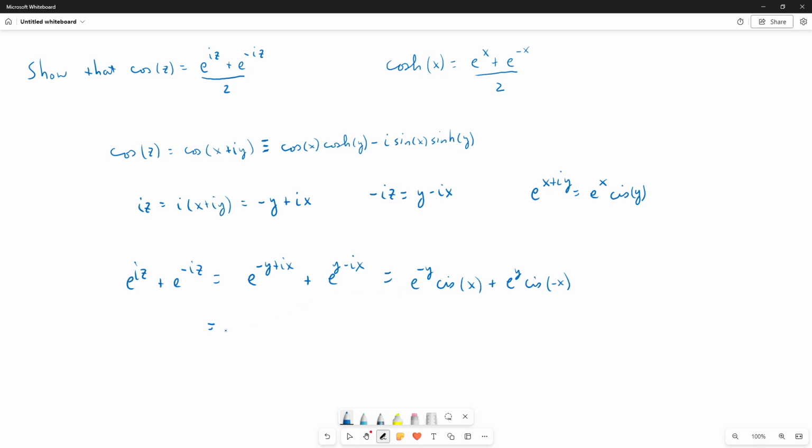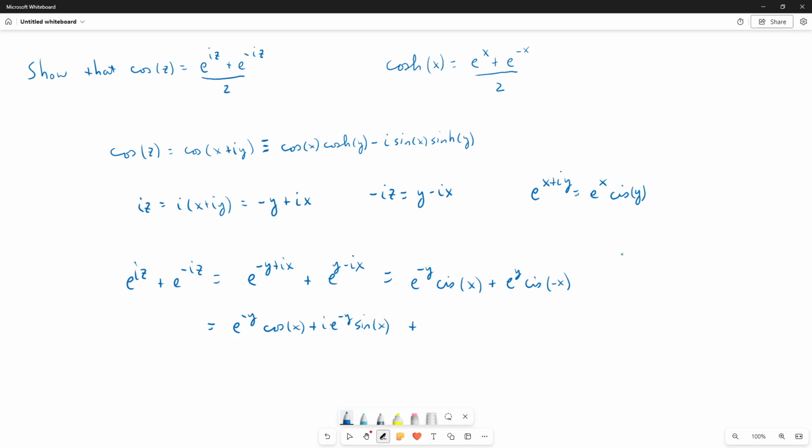Okay, so let's just get the real and imaginary parts together. e to the negative y cosine x plus i times e to the negative y sine x. And then we have plus.